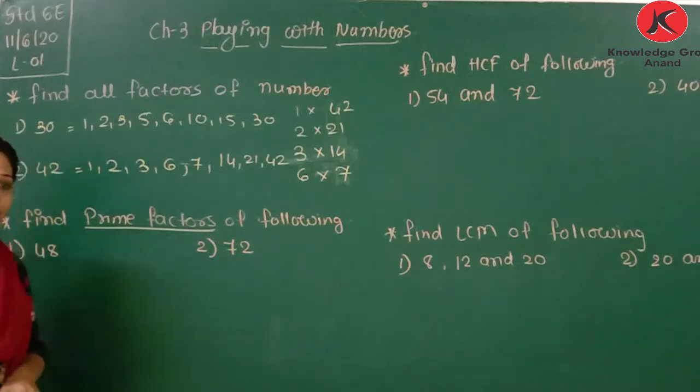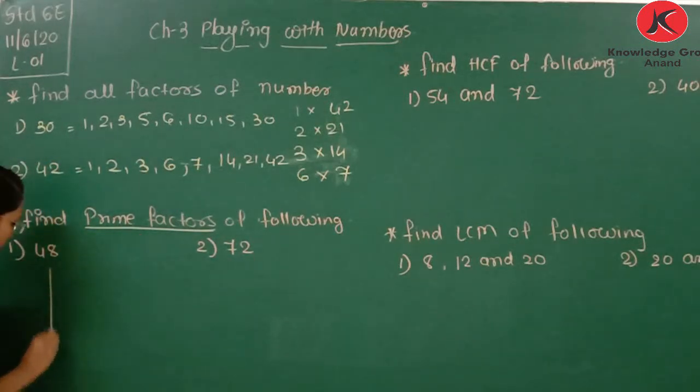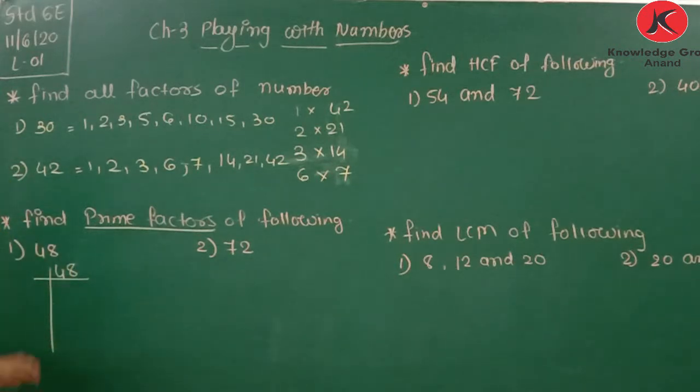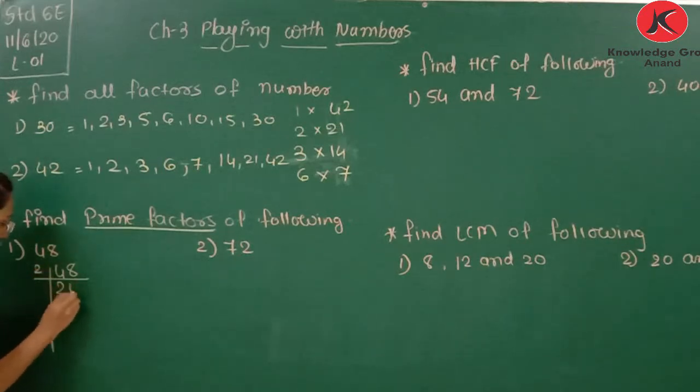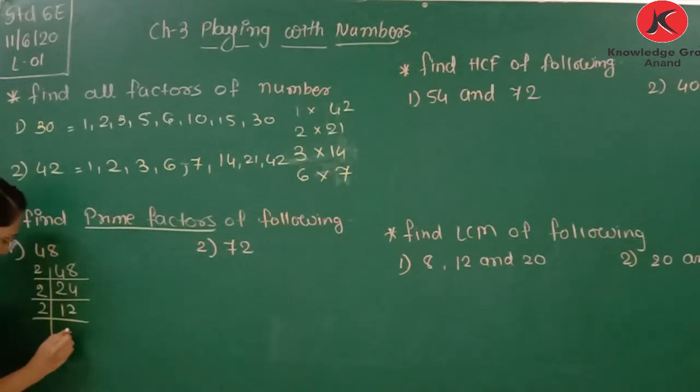To find the prime factors we can start with 48. Check the first prime number that divides 48, that is 2. 24 2s are 48. Now next, 12 2s are 24, next 6 2s are 12, 2 3s are 6 and 3 1s are 3.